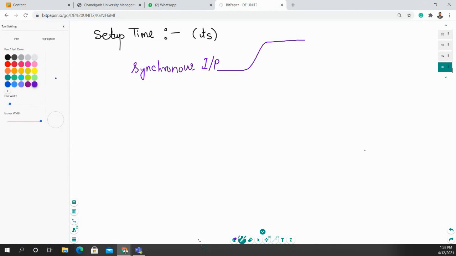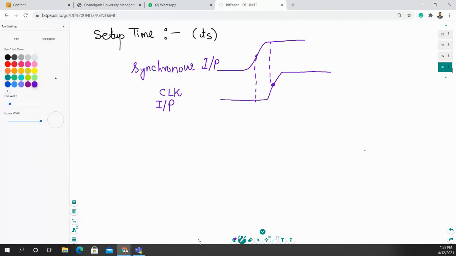And when you apply a clock input to this particular circuit, it will hold some position from this point, and it will change to the next level. So this point is what we can call a setup time.